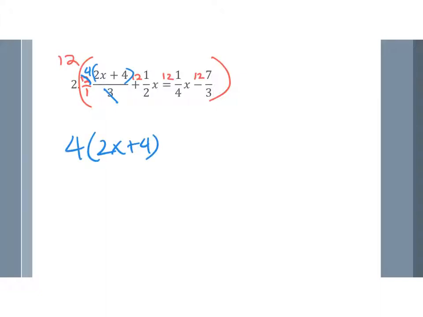Then the next one, 12 divided by 2 is 6. So then this becomes 6x. Then on the other side of the equal sign, again you can do 12 divided by 4, and this becomes 3x. And then here, 12 divided by 3 is 4, and then you multiply that to the 7 that's there. And I can just show it like that.